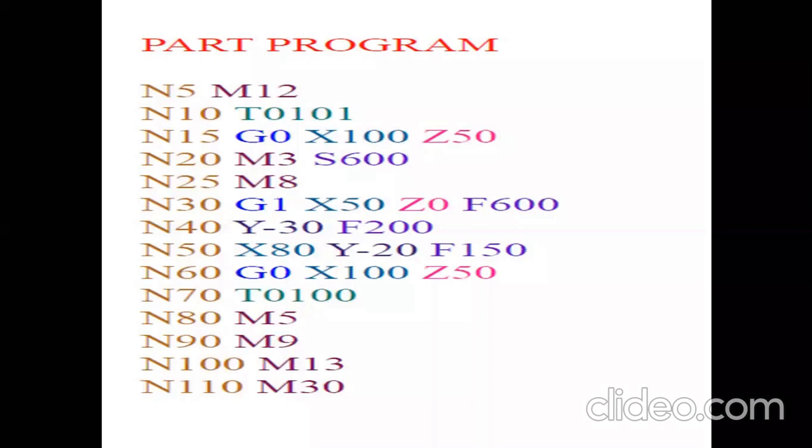X is 100 and Z is 50. As we know, G00 is the rapid movement of a tool. If your tool is at the home position, we have to move it rapidly to position A. So we select the command G00, rapid movement of the tool from the home position to point A, and its parameters are the x-axis distance and z-axis distance.